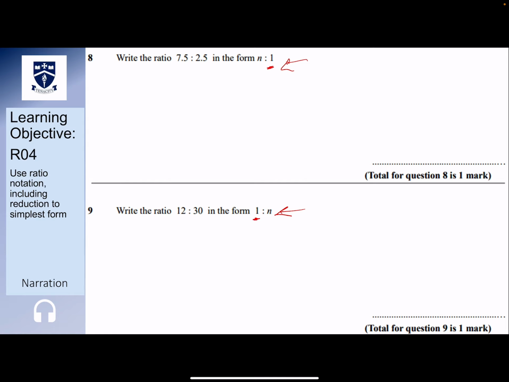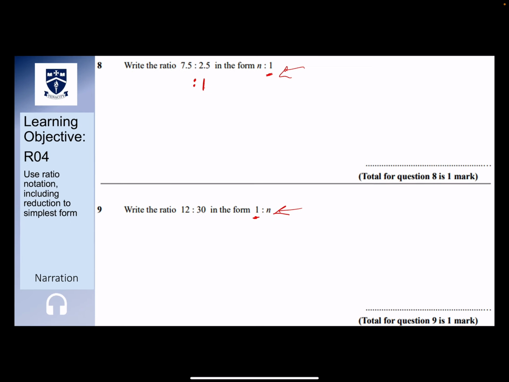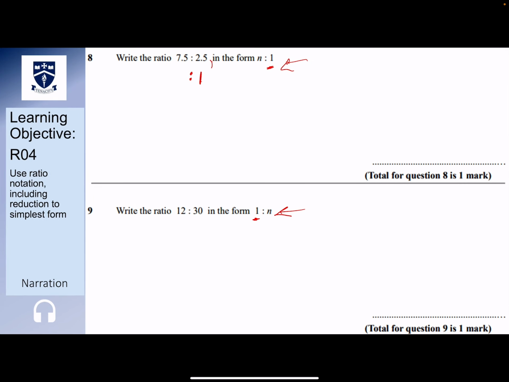Well, all I need to do is, I'm looking at this, it's going to be n to 1. So I'm looking at my ratio there, and I've got something to 1. So what am I doing to get from 2.5 to 1? What have I divided 2.5 by to get to 1? Well, the answer is I've divided it by itself.